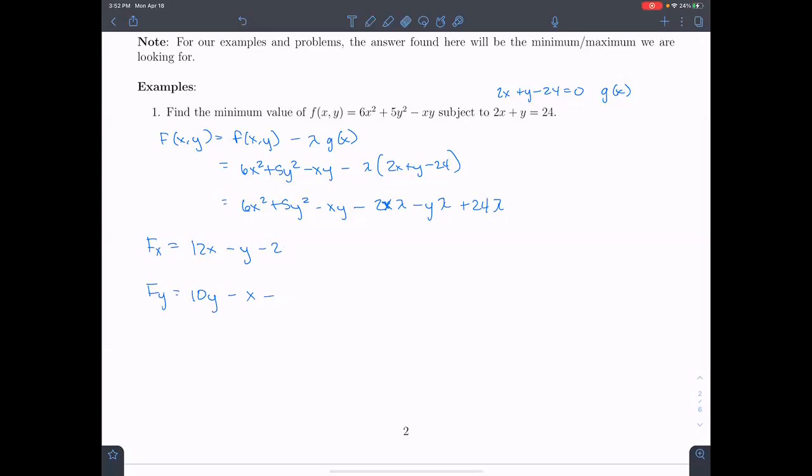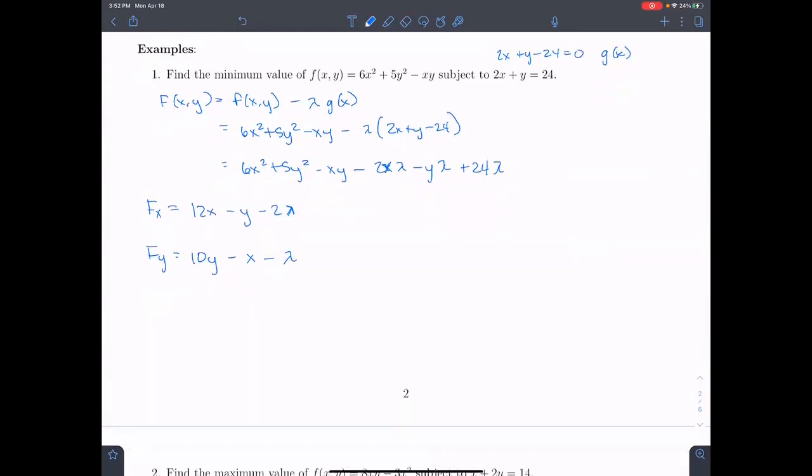Oh goodness, this is lambda. Now in terms of y, 0, 10y, negative x, 0, negative lambda, and then 0.